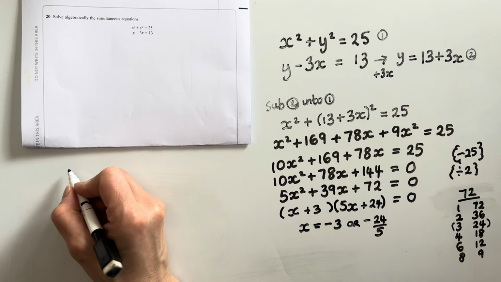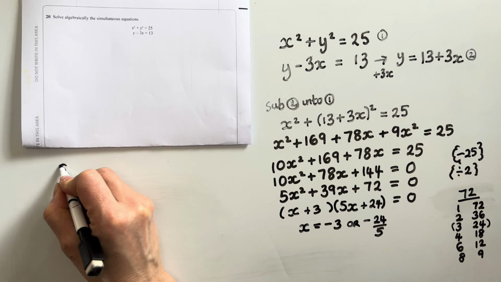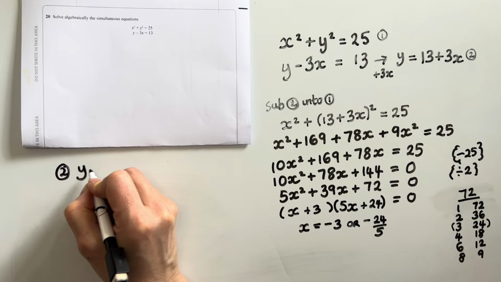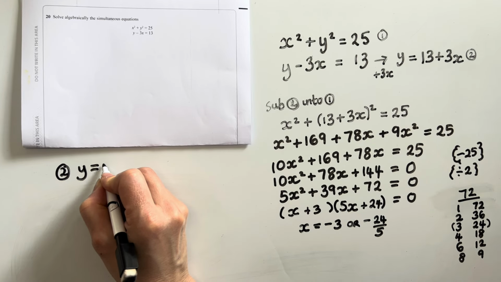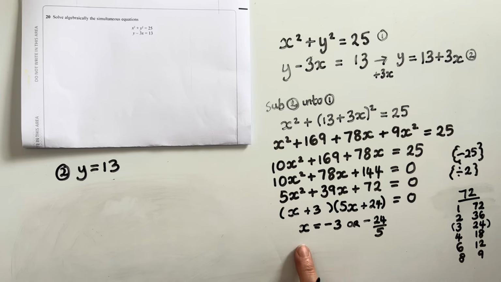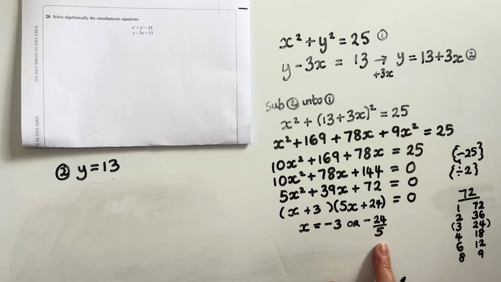So then we want to use equation 2 to help us work out what the corresponding y value is when x is equal to -3 and -24 over 5.